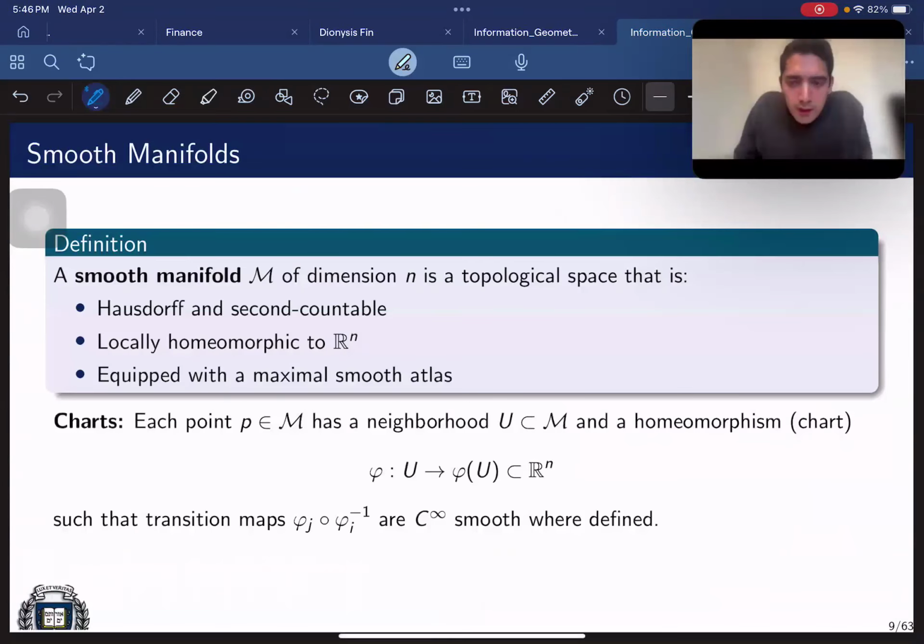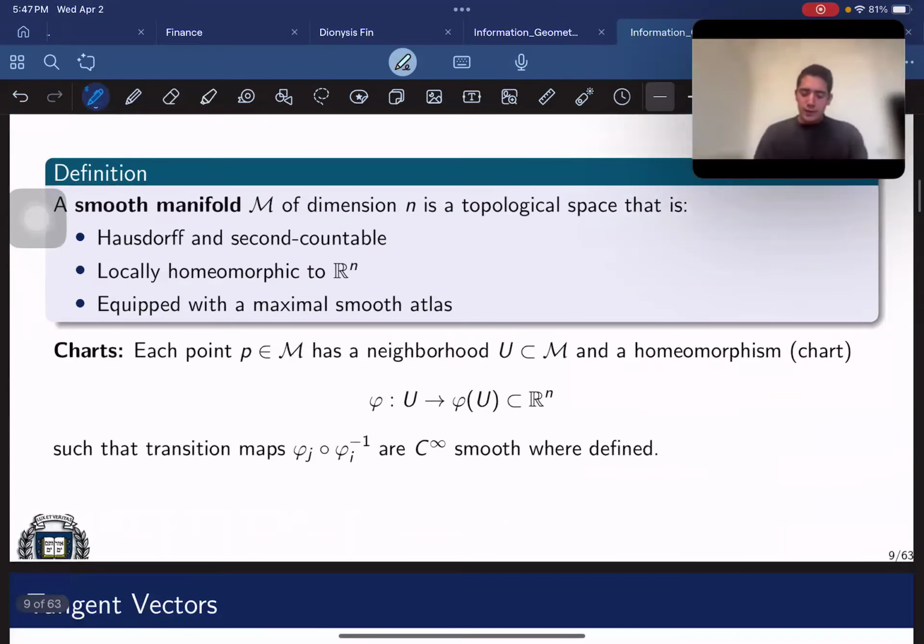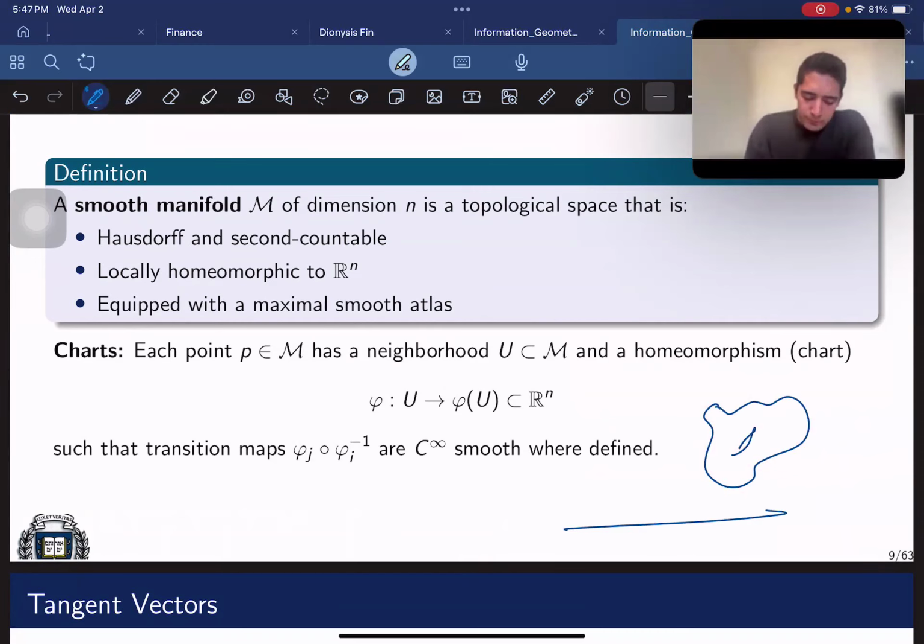Now we are going to dive into the definitions and mathematical formulations of a smooth manifold. As we discussed in the last session, a manifold is a generalization of Euclidean space.